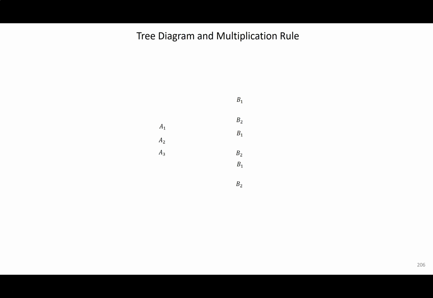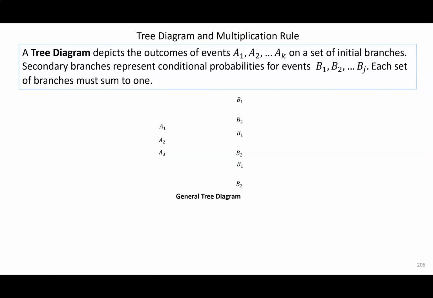So one thing that can be super handy with this type of conditional probability are tree diagrams. So a tree diagram, this is going to look kind of funky. So suppose I have events A1, A2, and so on. K just represents it goes on to whatever point you want it to.